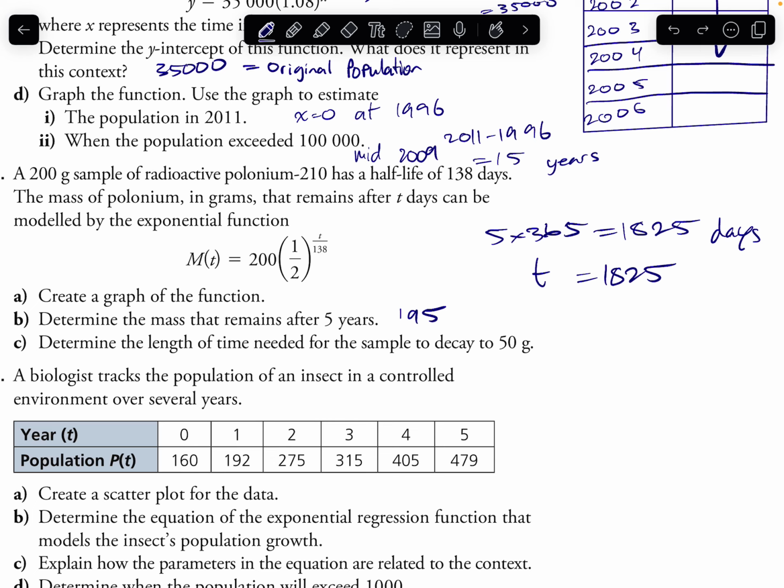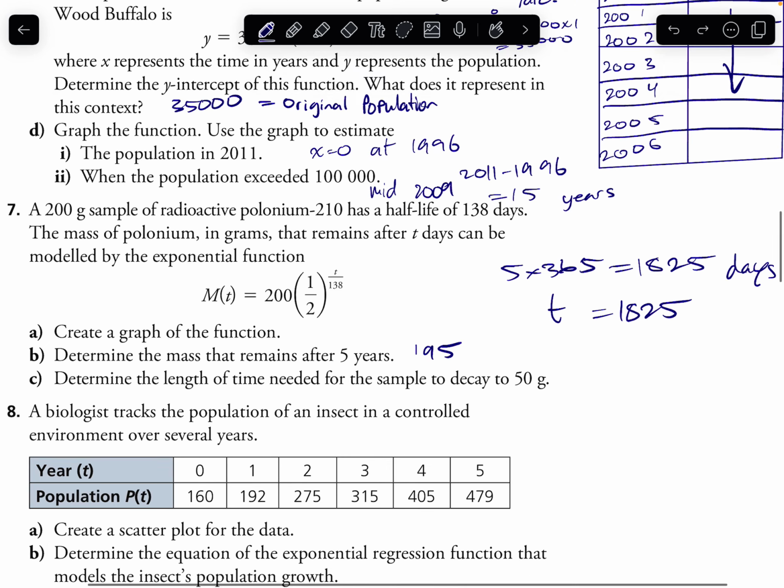Determine the length of time needed for the sample to decay to 50 grams. So you just say 50 equals 200 times (1/2) to the x over 138.